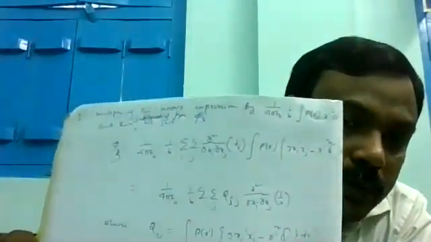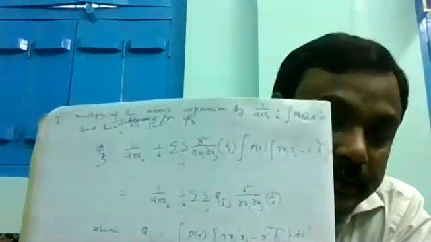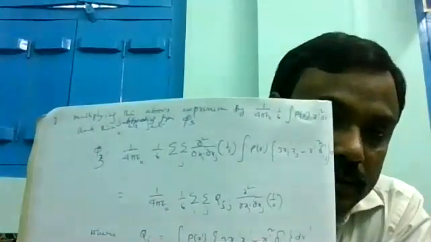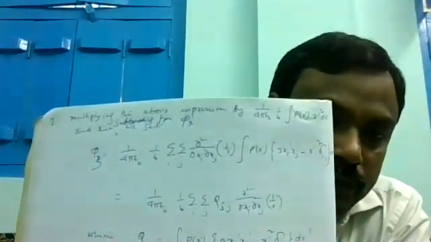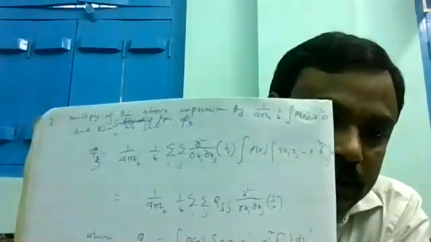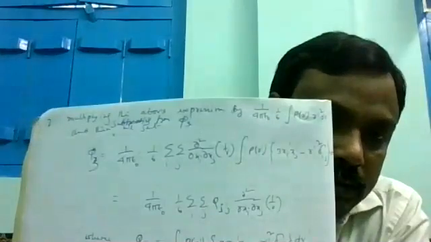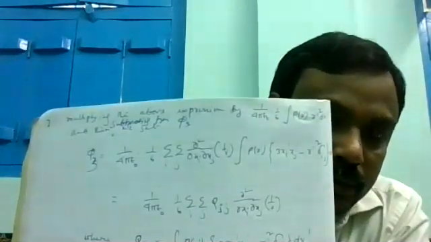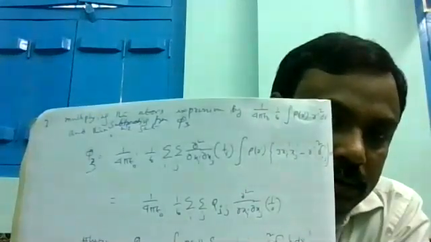What we have done is just multiplied the term del square 1 by r equals 0 with the term and subtracted it from the quadrupole moment term. The resultant term will also be a quadrupole moment, written in this form.